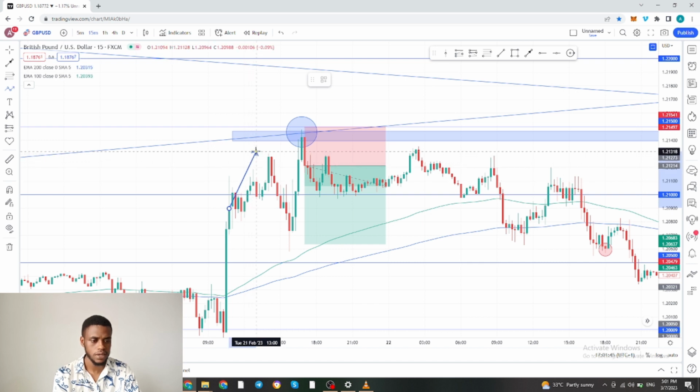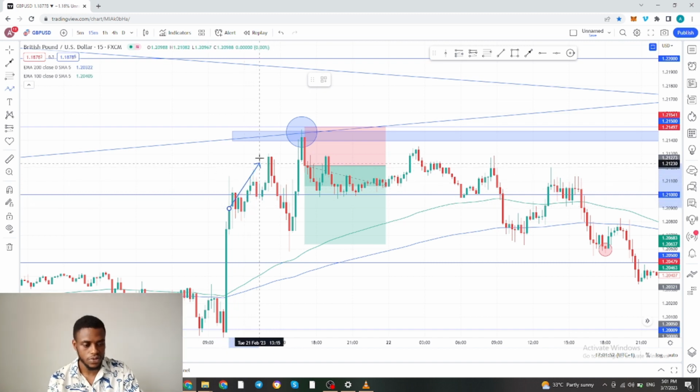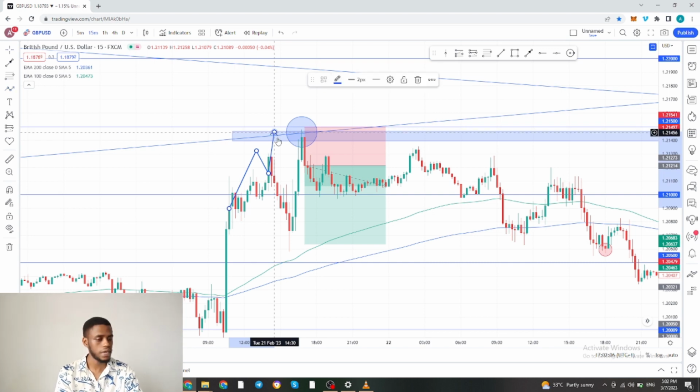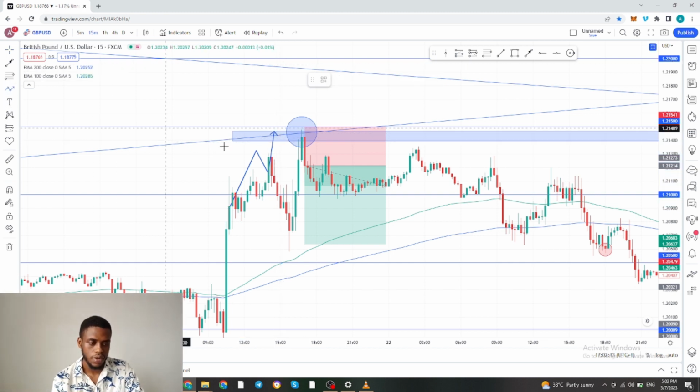So let's say price just continues making huge bullish candles without all these red candles and these pauses right here. Price just keeps making huge candles, then drops a little, then makes huge candles. I'll be quite careful right here, because price is showing me that it might just break out and continue. So I will see probably a little drop.